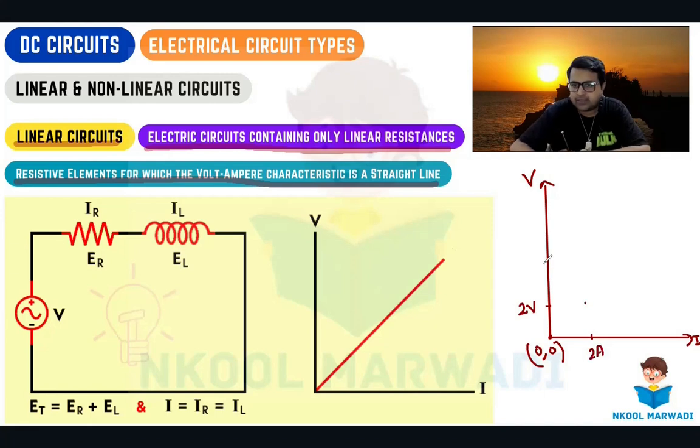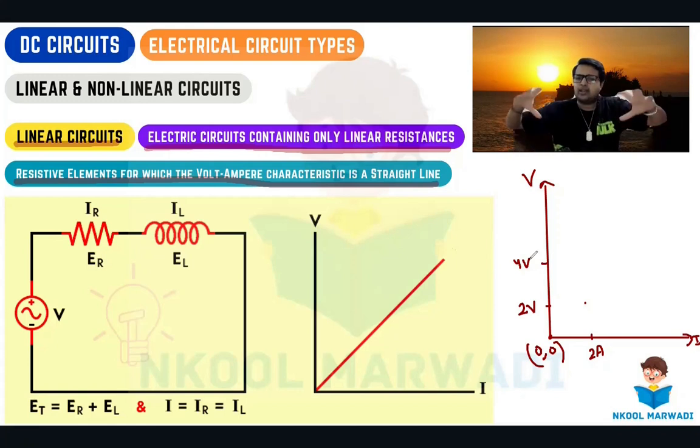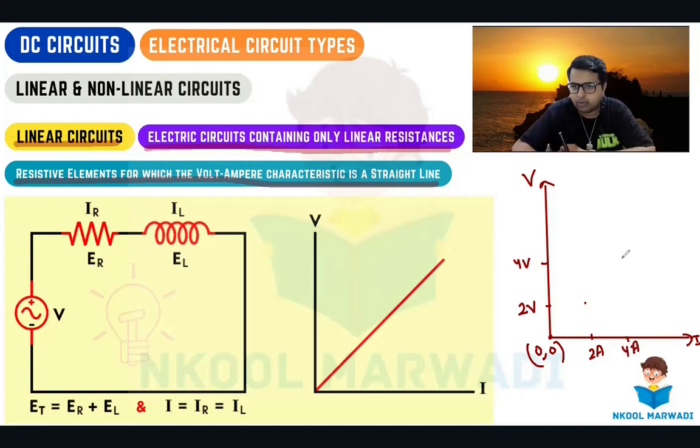Similarly, you increase the voltage to 4 volt in your own fancy circuit, where you introduced all the components in a very messy way, in whatever way you want. You are just passing the potential difference and measuring the current. When the potential difference is 4 volt and current is around 4 ampere, this is the point you got.